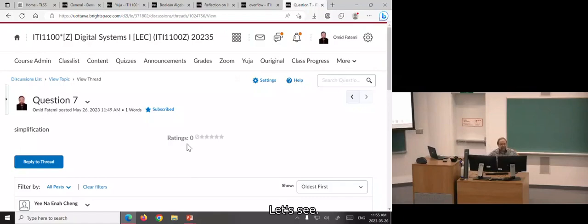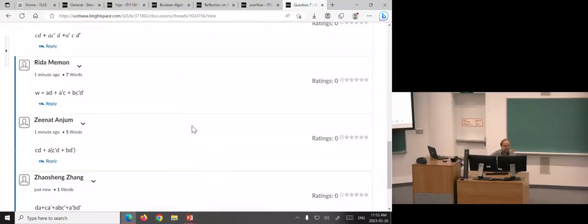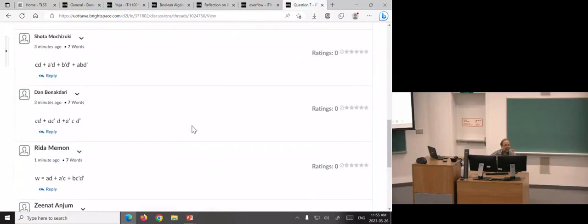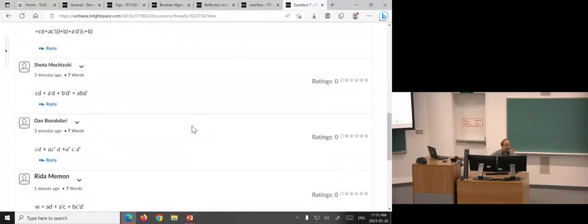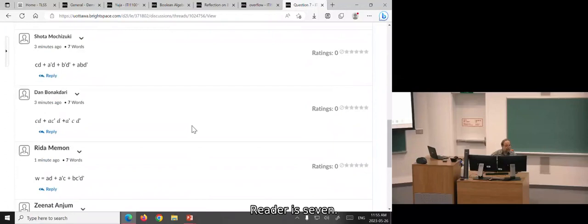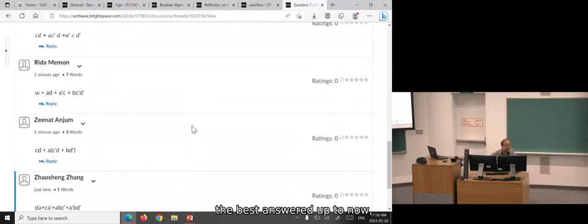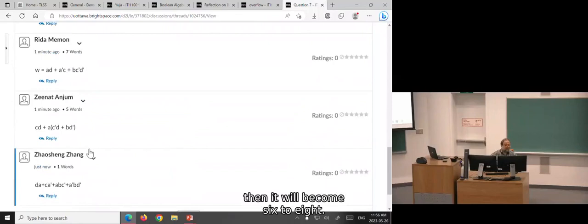Okay, let's see how is the result. Rida is 7. So if it is correct, then that would be the best answer up to now. Zinat is not good. Zinat is more than, yeah, it is. If we multiply this, then it will become 6 plus 2, 8.